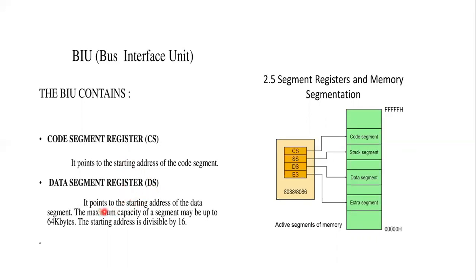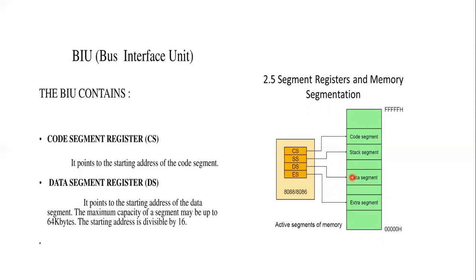Then the data segment register. The data segment register points to the starting address of the data segment, and its capacity may be 64 KB. Each segment has 64 KB, and the starting address is divisible by 16.